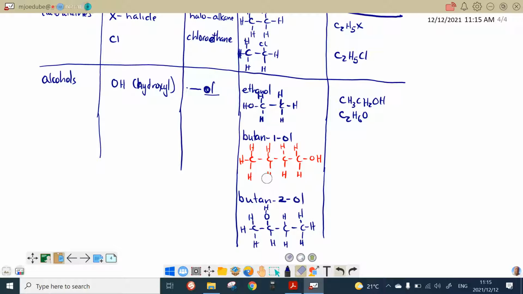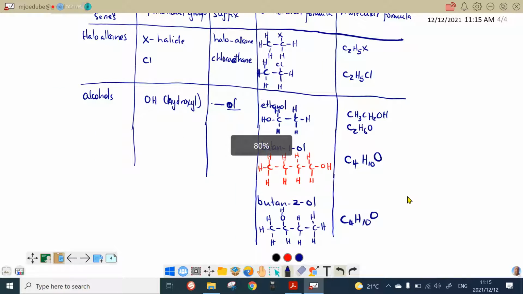And then in this case, how many carbons do we have? One, two, three, four. We've got four carbons, C4. How many hydrogens? Three, four, five, six, seven, eight, nine, 10. C4H10O. And then in this case, it's still going to be the same as the other, right?